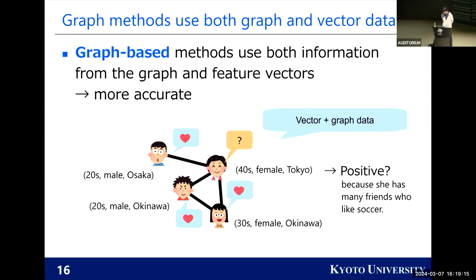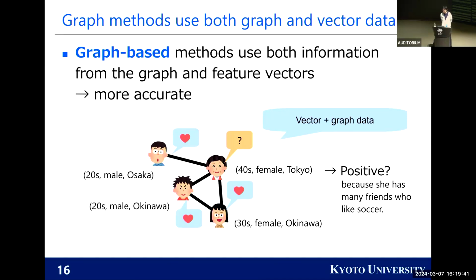This is a typical situation where we want to estimate the label of her interest, her preference. The feature vector says that she is in her 40s and she's female, she lives in Tokyo, and we might conclude that she is not interested in soccer based on this feature vector. But by observing the graph information, we can know that all of her friends are interested in soccer.